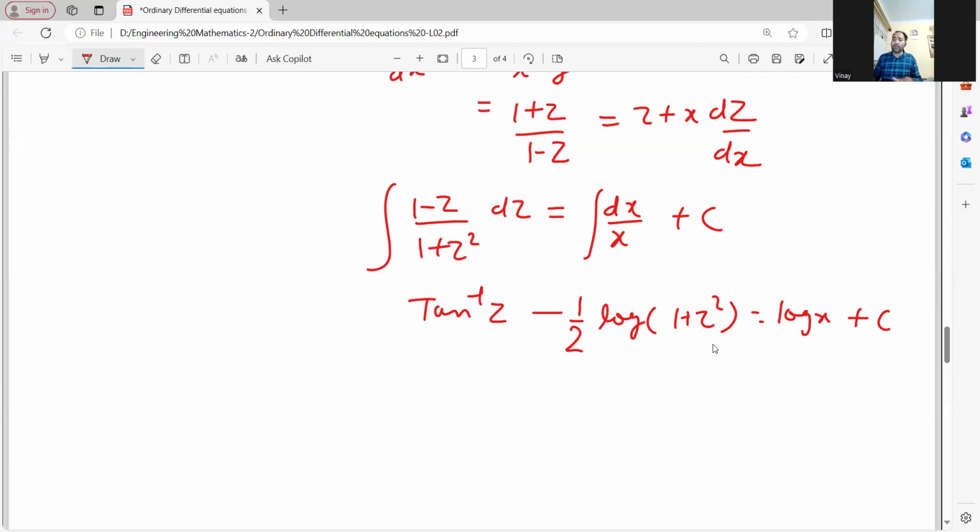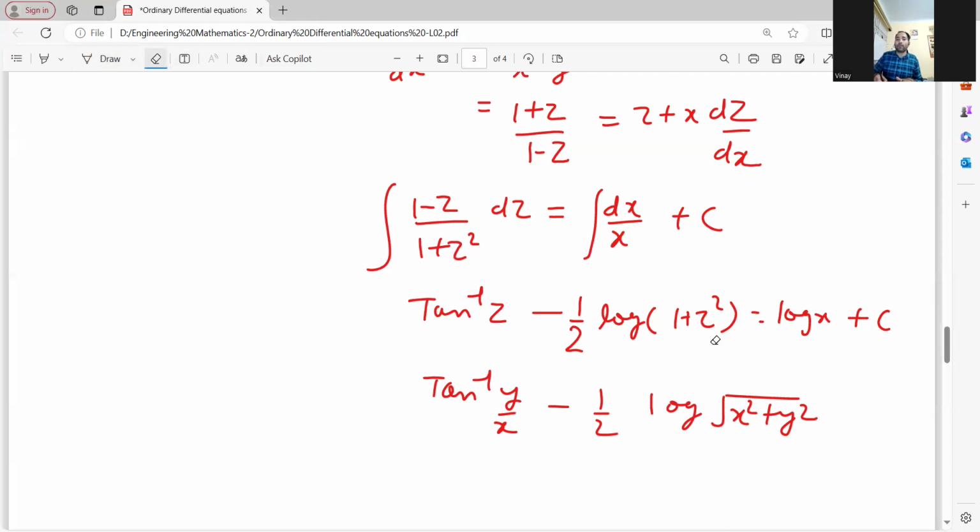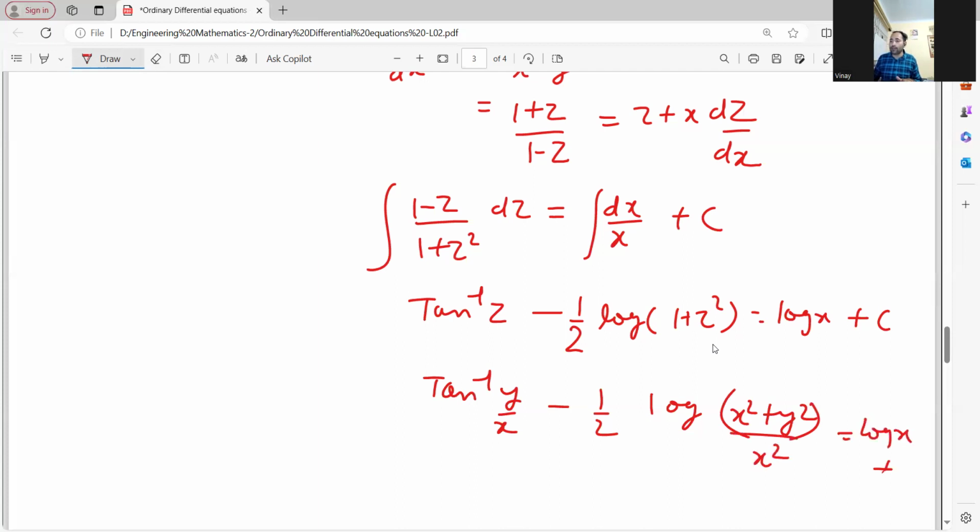Now you can just put the value of z, which was nothing but y by x: tan inverse y by x minus half log of (x square plus y square) upon x square is equal to log x plus c.